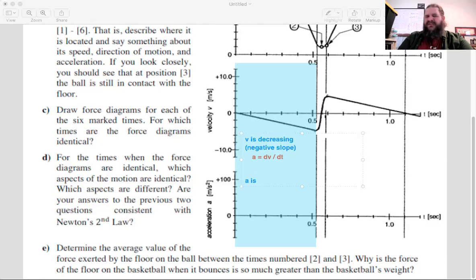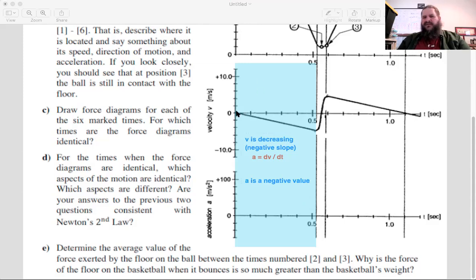All it tells us is the sign, because acceleration is the slope of velocity. If velocity has a negative slope, then acceleration has a negative value. So the acceleration has to be a negative value during this period of time.